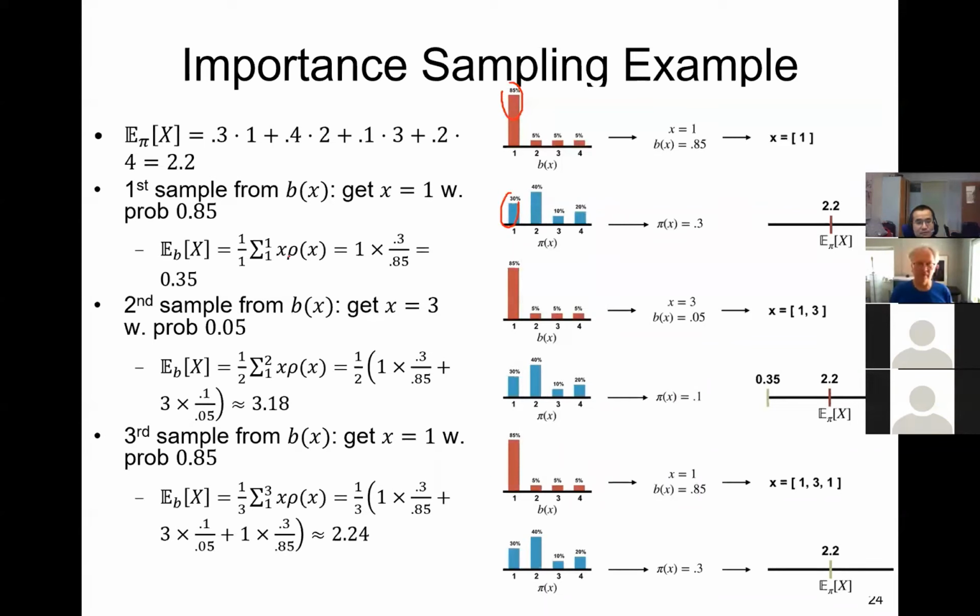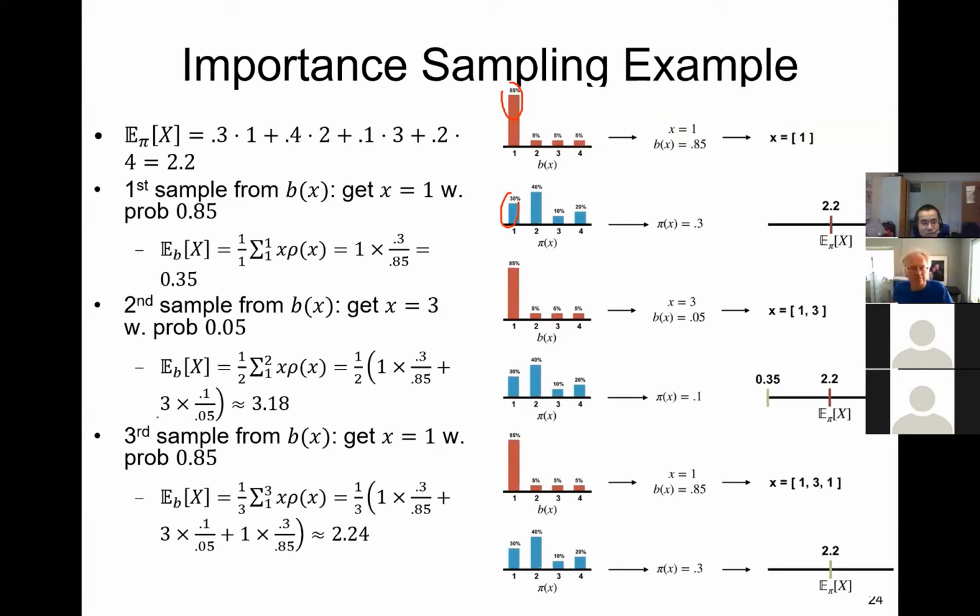For the second sample, you get 3 with probability 0.05.